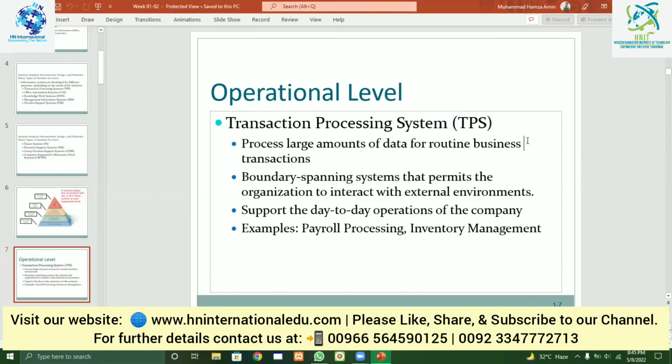If you do a transaction from Al Rajhi Bank to some other, external bank, or when you send money from Saudi Arabia to India, this is done while interacting with the external environment. Now, it supports day-to-day operations. You can also send day to day, or by month.